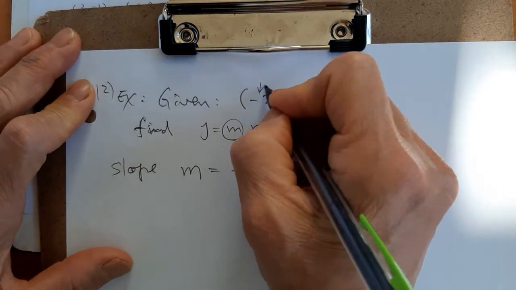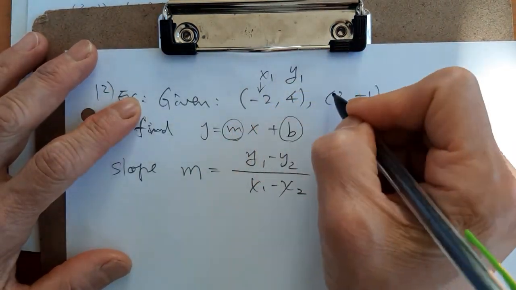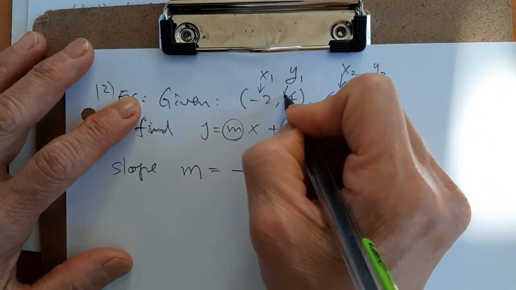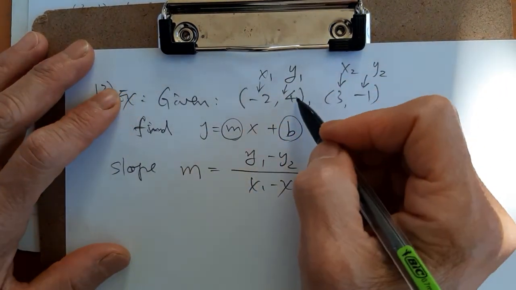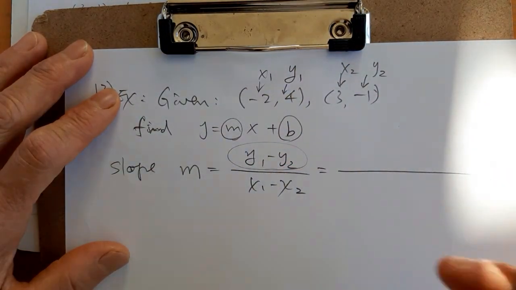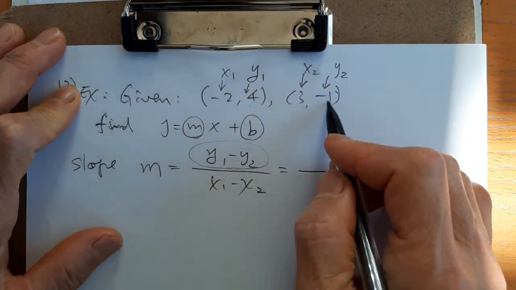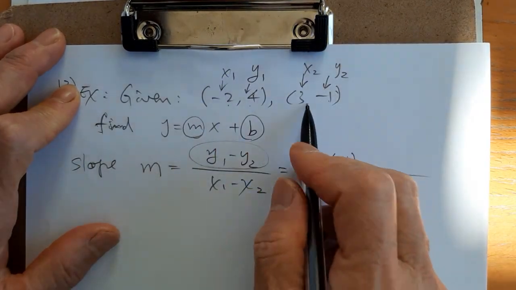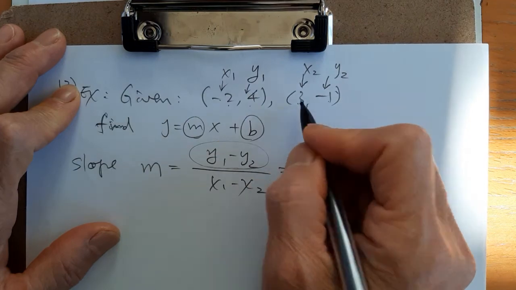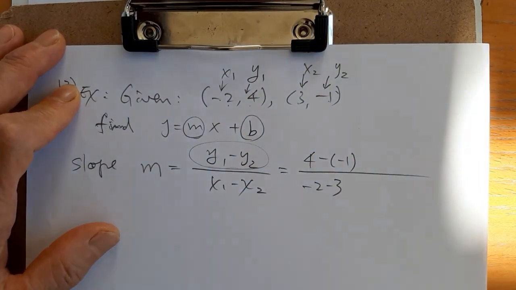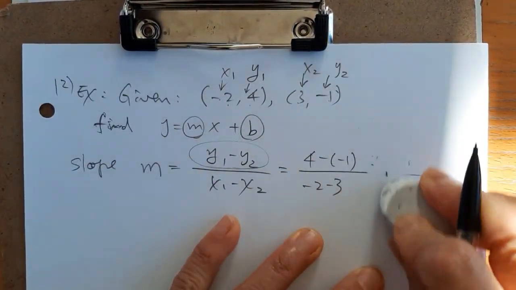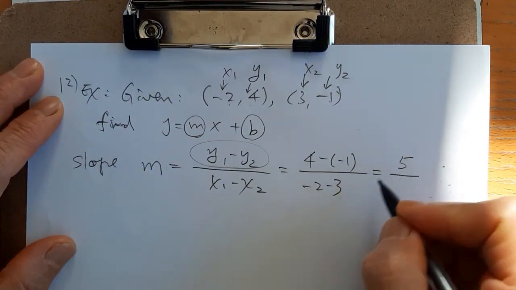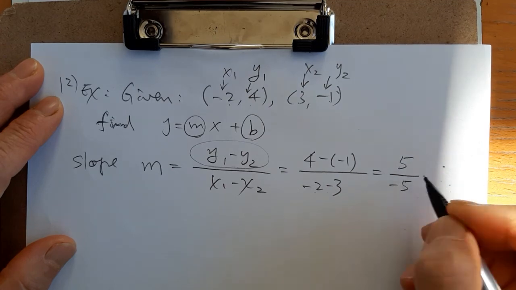So you can assume this is the first point, x1, y1, and this is the second point, x2, y2, and plug it in. y1 minus y2 on the numerator, 4 minus -1, and then x1 minus x2, -2 minus 3. So this becomes 4 plus 1, which is 5, over -2 add -3, which is -5.